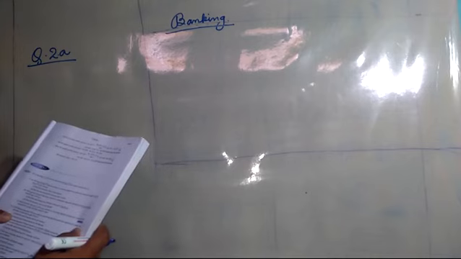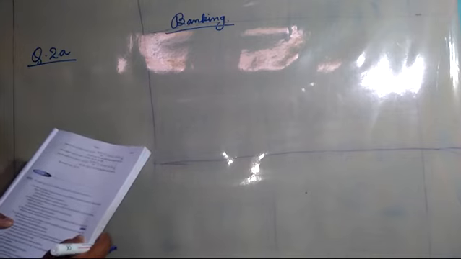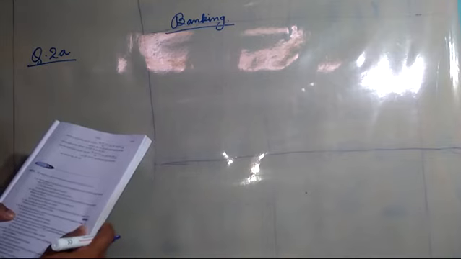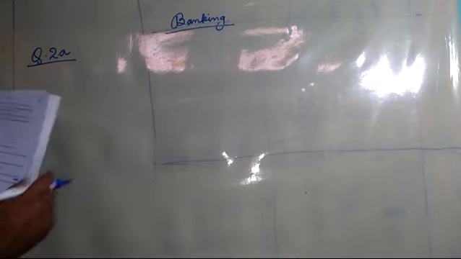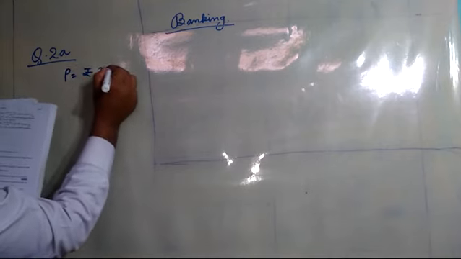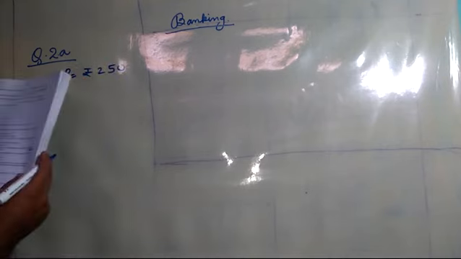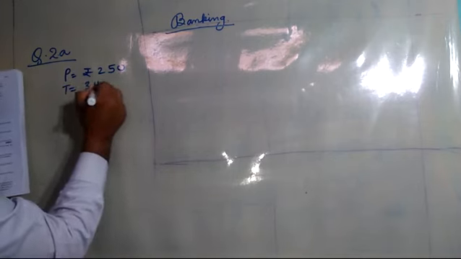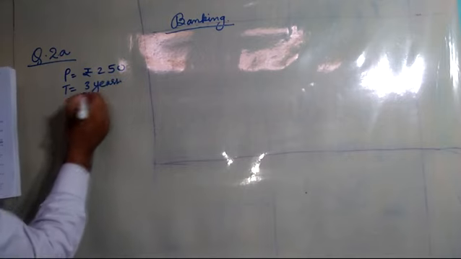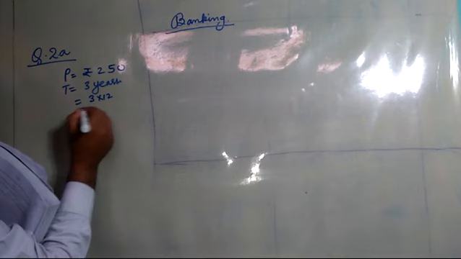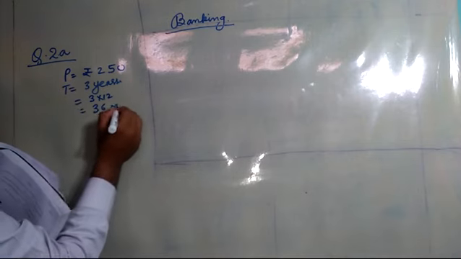Then the first part that we have to calculate is find the rate of simple interest per annum and find the total interest earned by Mr. Sharma. So here it is already given principal is equal to rupees 250. Then time is given 3 years, that is always you have to remember you have to convert years into month. 3 into 12, this is 36 months.